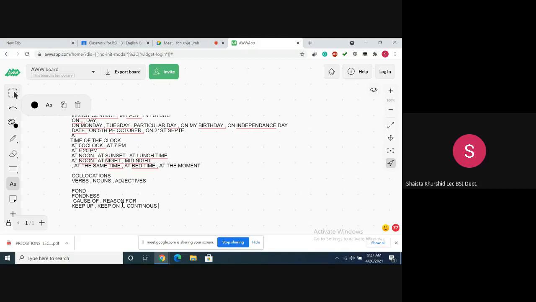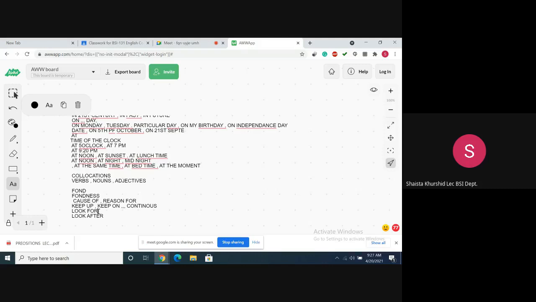ठीक है, जैसे look for and look after. One verb but having different prepositions. So what is look for and look after?